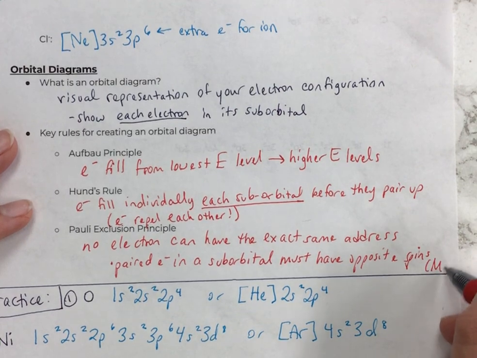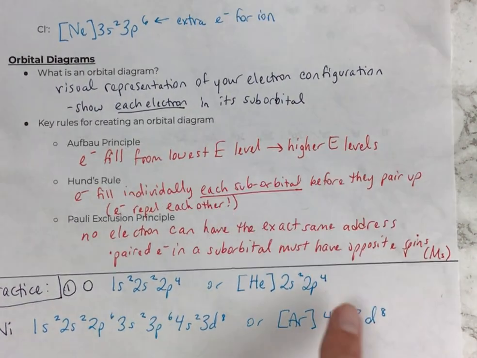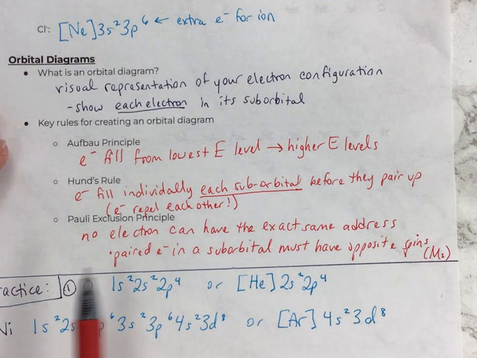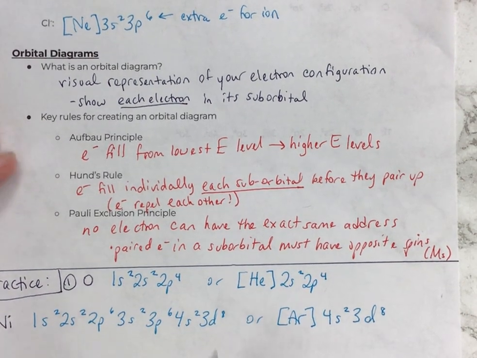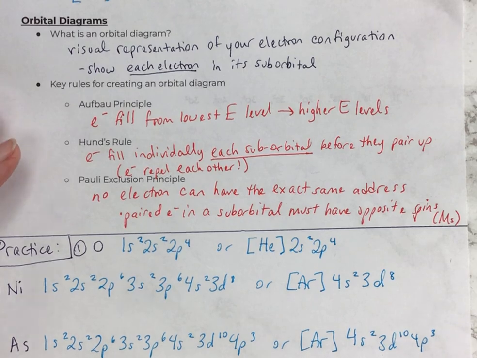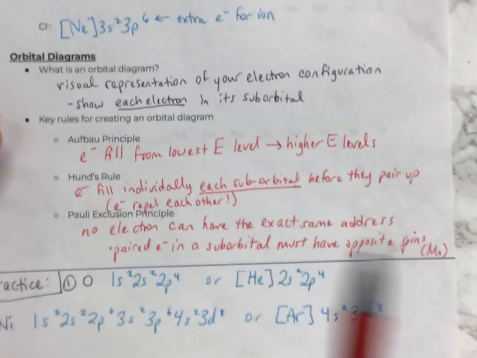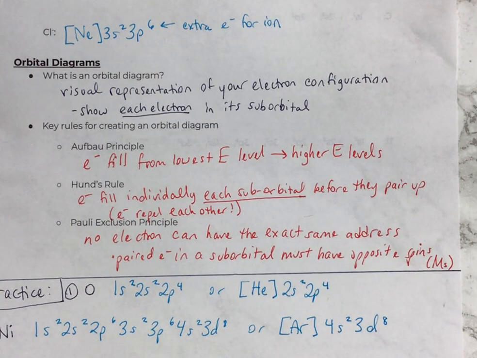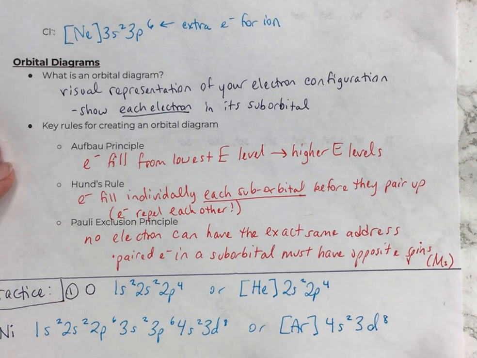So that's that last component, that m sub s, that we haven't talked about yet, is spins. And that's what we'll show with our orbital diagrams. We don't need to worry, right? As we're doing our electron configuration, we have groups of 2, 4, 8, 10 different electrons. But my orbital diagram is going to really map out the individual pairs of electrons according to their spin. So let's practice that on the next page.